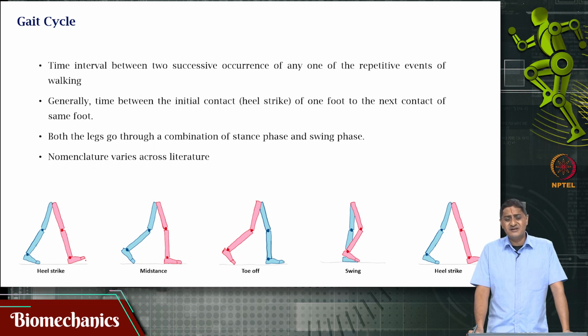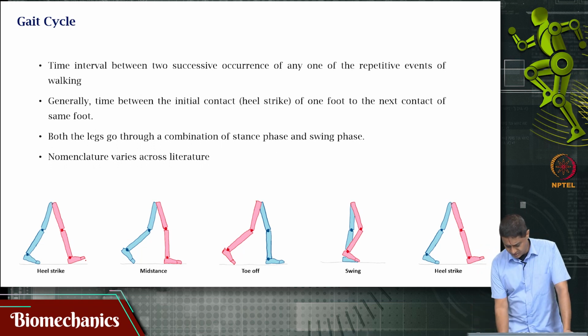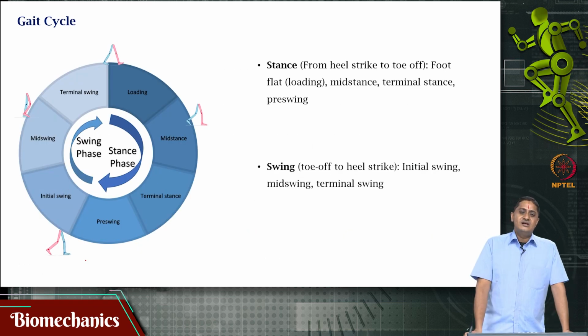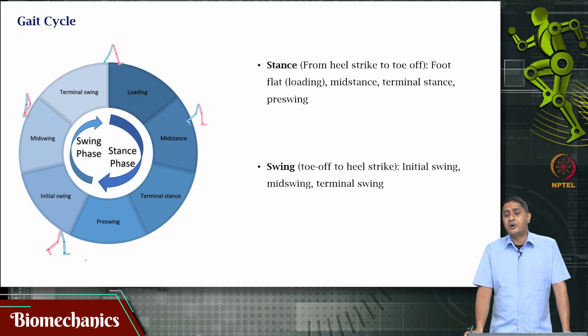Of course, the specific details or the nomenclature changes across literature, or different researchers use slightly different terminology, but it is useful to understand terminology. So, in general, we can divide the gait cycle into two broad parts, not necessarily exact halves.